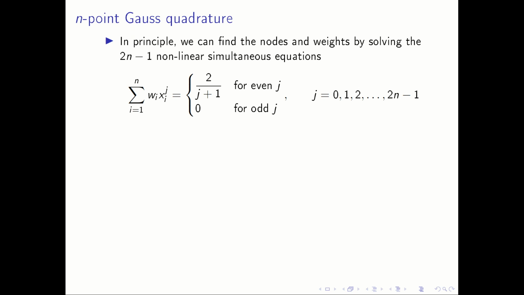The catch is that for a reasonably large n, even for n equals 10 or so, we get a very large number of nonlinear simultaneous equations. The simultaneous part is straightforward, but the nonlinear part is really problematic. In practice, solving these equations is very, very difficult for a large value of n.